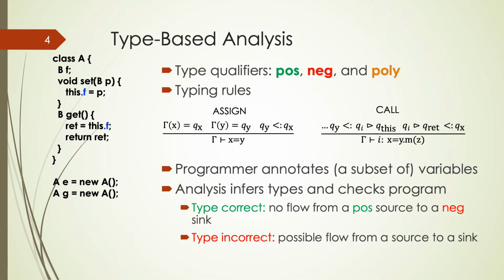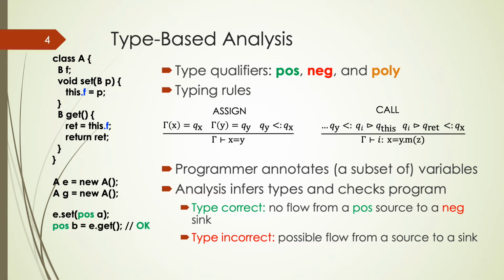The programmer annotates a subset of the variables as positive sources or negative sinks. The analysis then infers types for the rest of the variables and checks the program. If the program is type correct, that means there is no flow from a positive source to a negative sink. If it is type incorrect, that means there could be flow from a source to a sink.